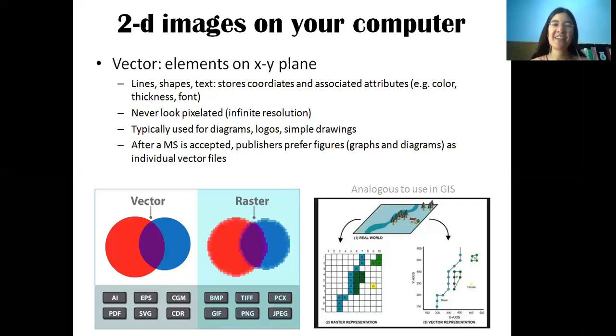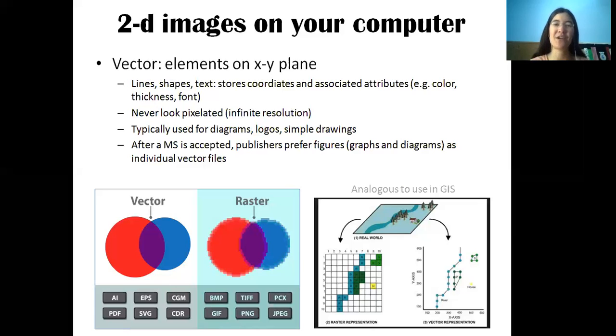The advantage of a vector drawing is that vectors never look pixelated. They basically have an infinite resolution, because as you zoom in, the computer can redraw the drawing to match whatever the resolution is of your display.